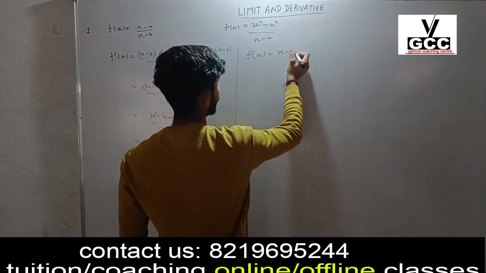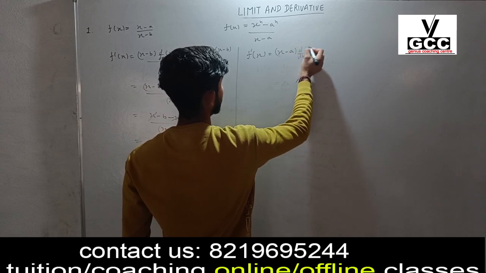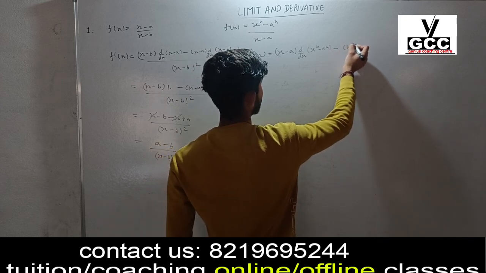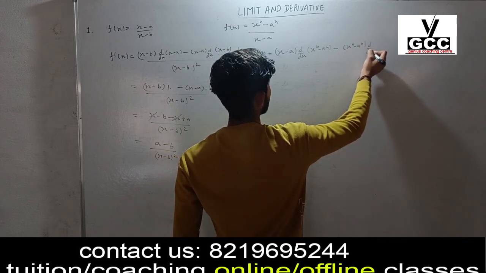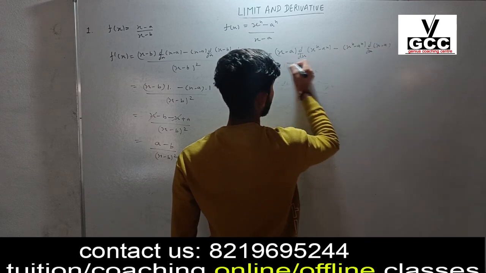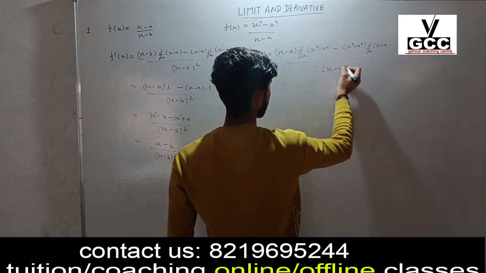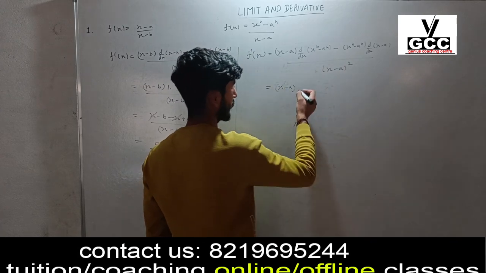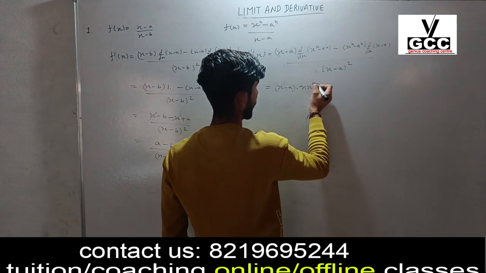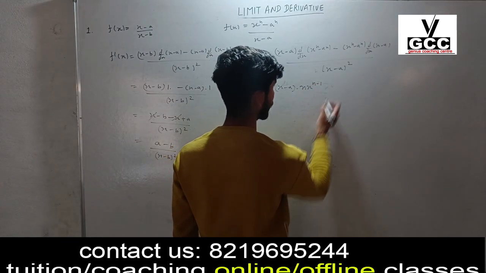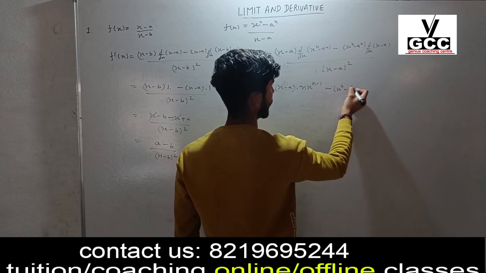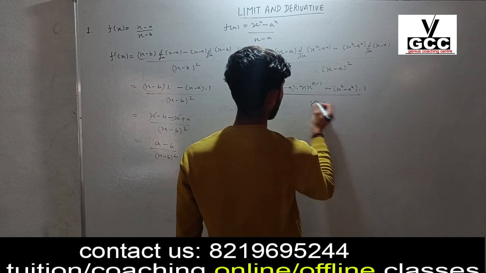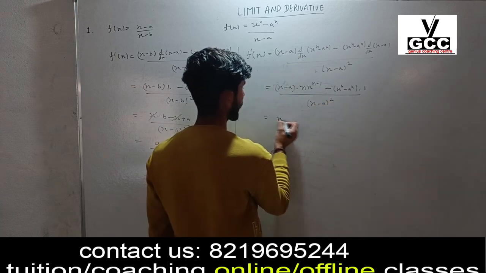Similarly, f dash x is equal to denominator as it is, derivative of numerator, minus numerator as it is, derivative of denominator, and denominator का whole square. Now x^n minus a^n, derivative of x^n is equal to n x^(n minus 1), derivative of a^n is equal to 0, minus x^n minus a^n same, derivative of x minus a is equal to 1, whole upon x minus a का whole square.